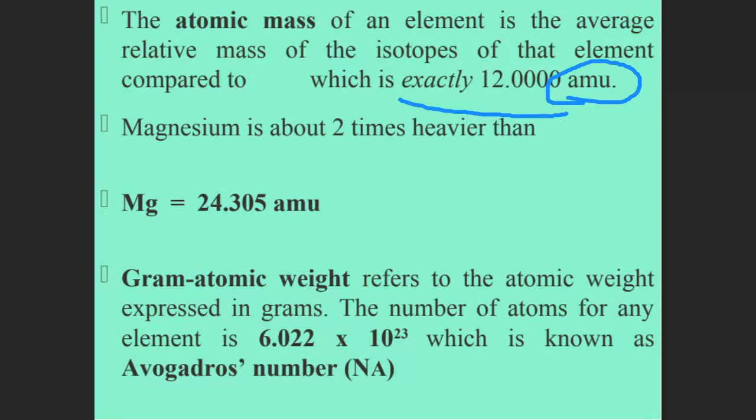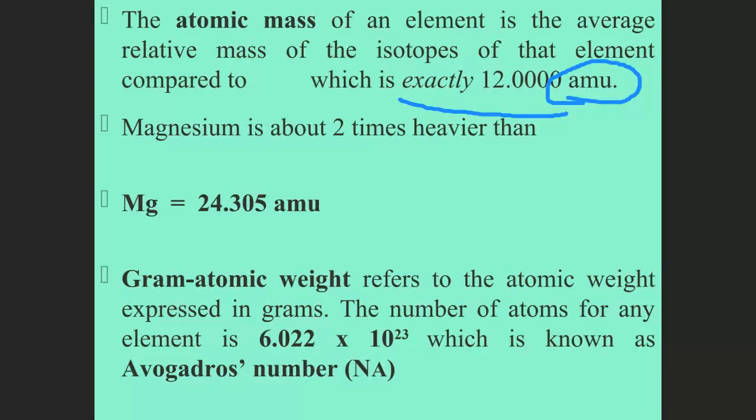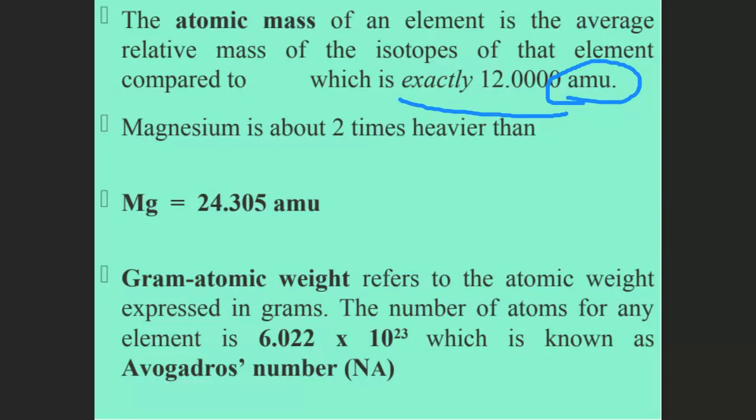If we now consider the atomic mass of magnesium, how can we compare? We will compare with carbon, because carbon is our standard. So if we look back into the periodic table, calcium, magnesium.